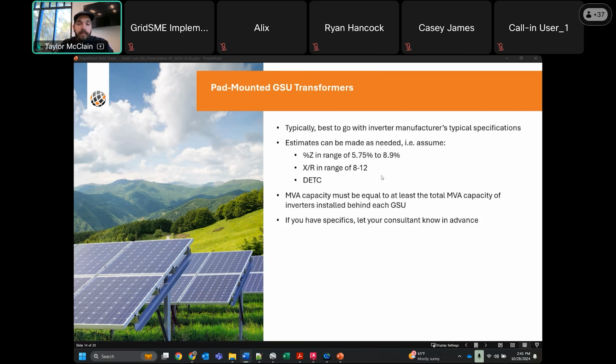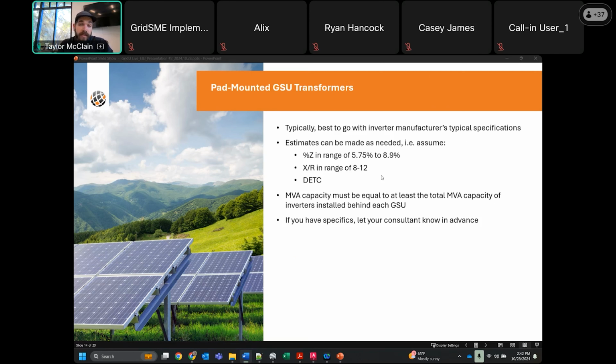At some point when you're pushing your full reactive power, you could be coming close to the limits on these ratings. And typically the inverter manufacturers are sizing their transformers this way, so if you have plans to source your transformers through the inverter manufacturer, this is likely how they're going to be sized. So rule of thumb, if you have a 4 MVA inverter, go ahead and put a 4 MVA pad mount GSU, and that should be fine.